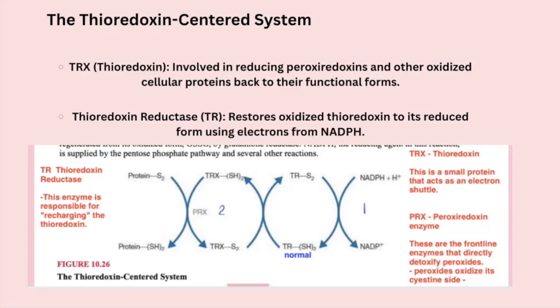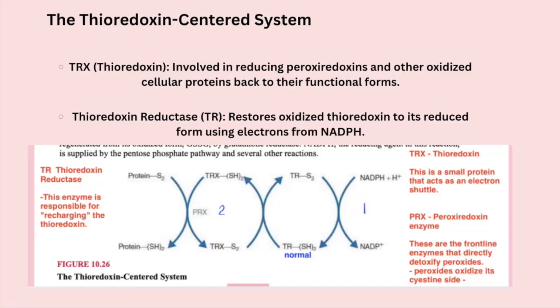Is it complicated? Guys, did you get it? Maybe. Okay, we can start from the very complicated. Now, let's start from the right. Aisha, I need you to know 3 names. Okay, we have thioredoxin, a small protein. We have thioredoxin reductase.